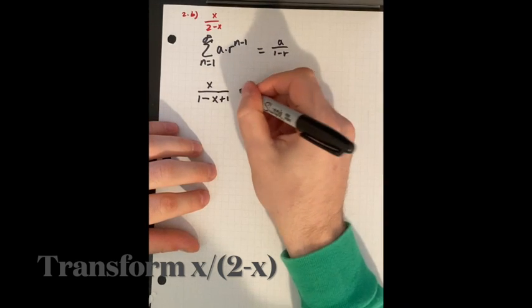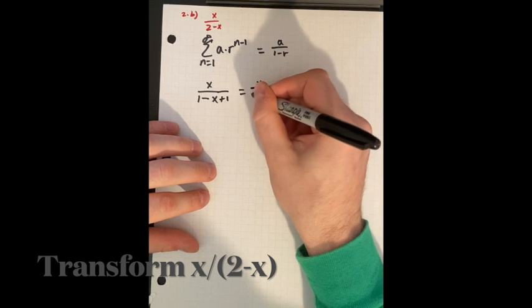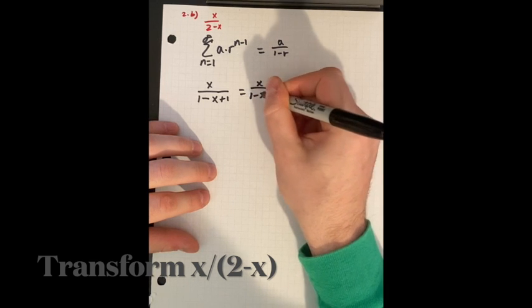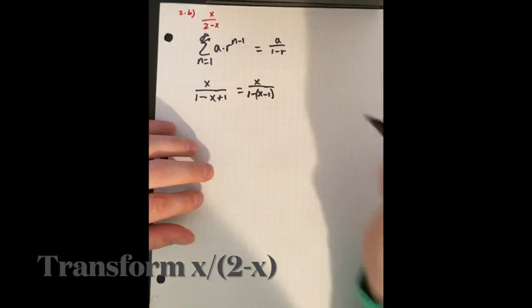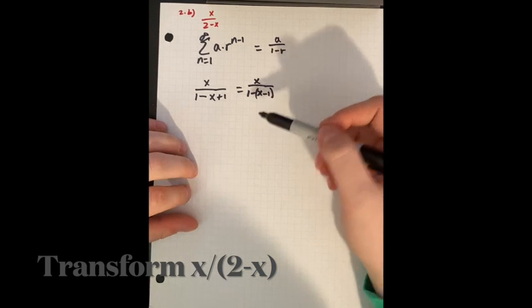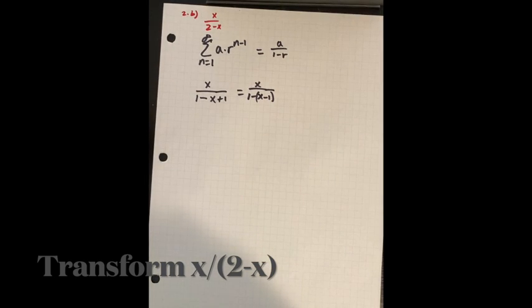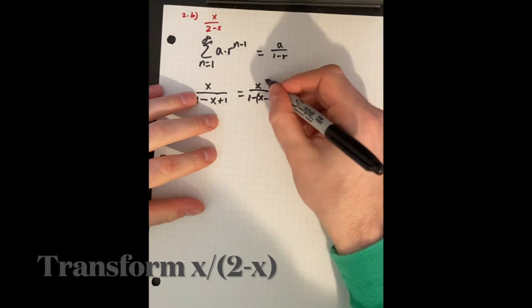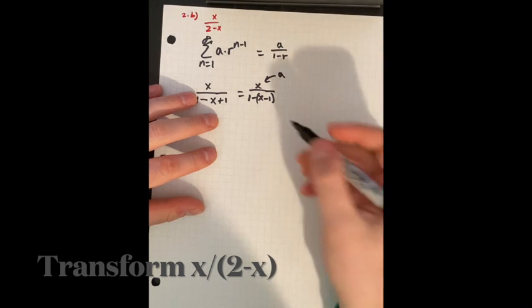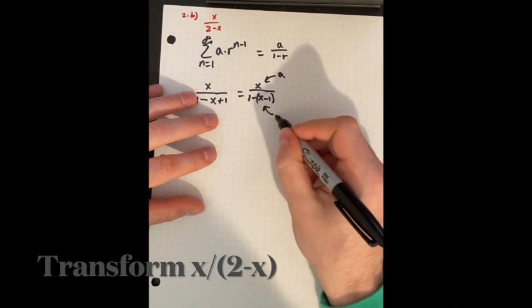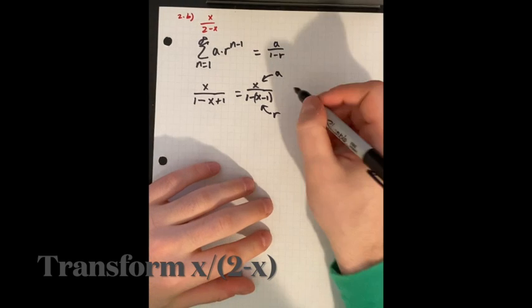In other words, this fits the same exact form as our formula above, where x is our a and x minus 1 is our r.